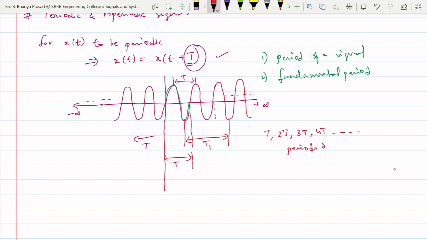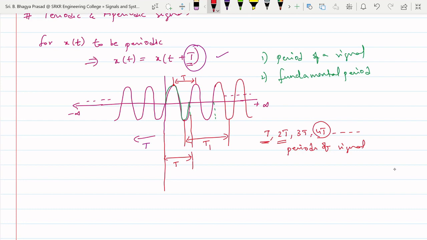The shape in the duration of time T repeats once again, or the shape in the duration of 2T repeats again for the next 2T, and the shape in the duration of 4T repeats again for the next 4T.